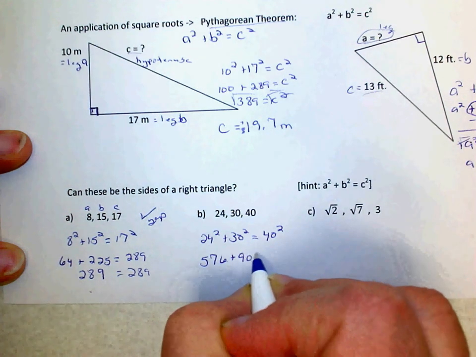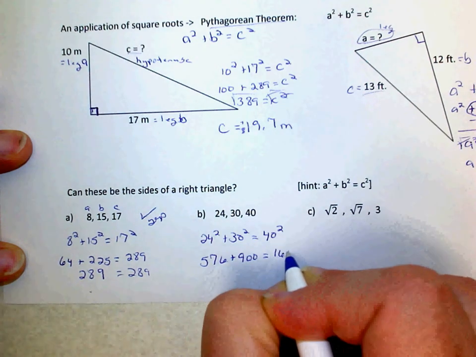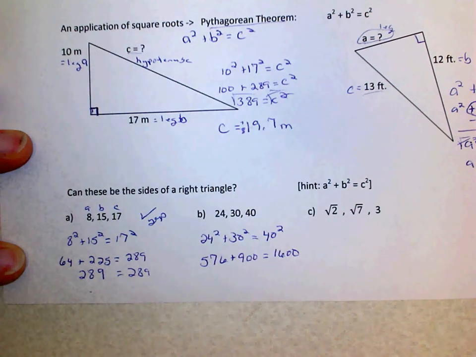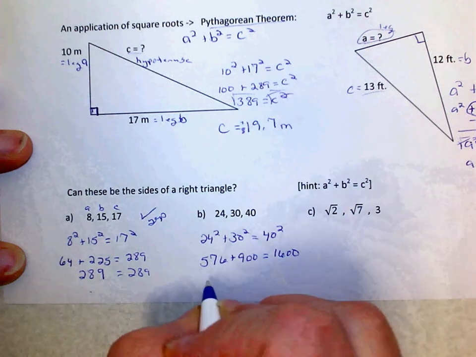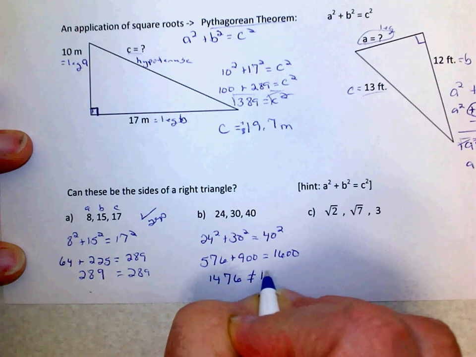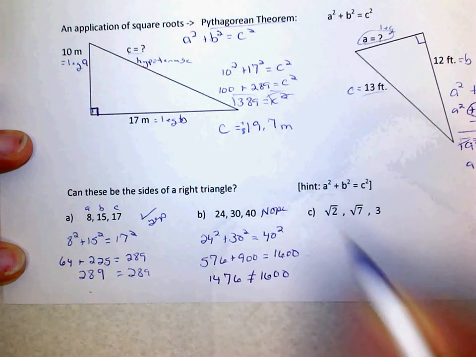Then 40 squared is 1600, and then you take 900 plus 576, and that gives us 1476, which is not equal to 1600. So you would say, nope, that one does not work.